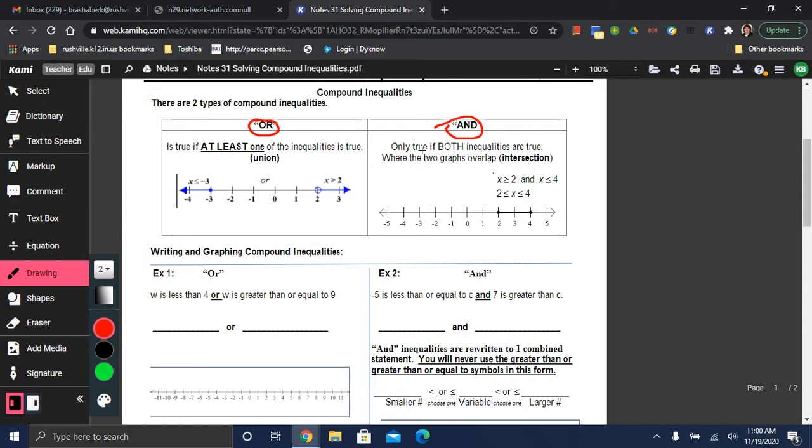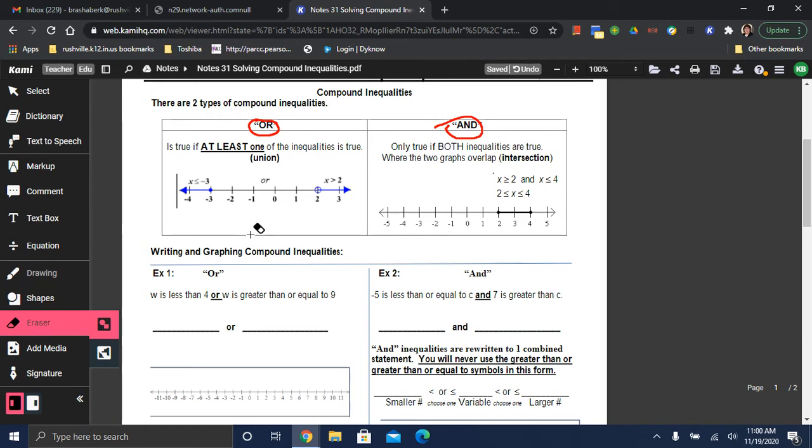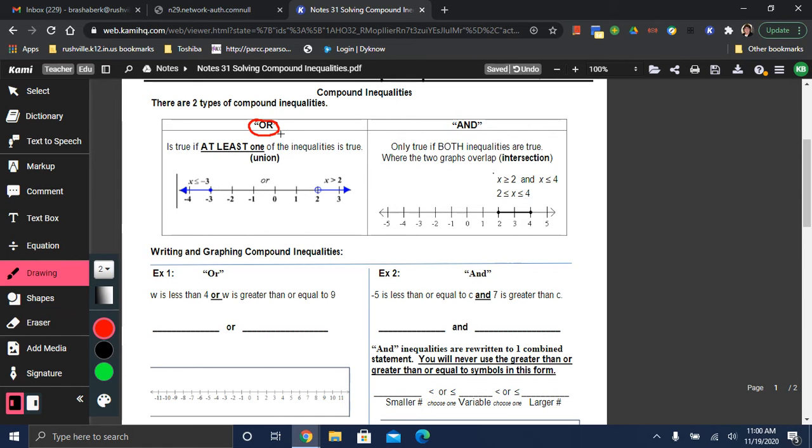So we'll go over these one at a time. So I'm going to start with or. With or inequalities, you usually have 2 branches of it, and or inequalities will be true if at least one of the inequalities is true.